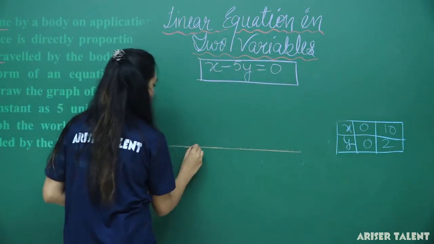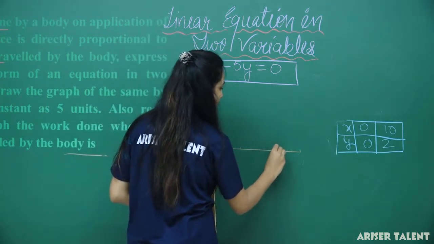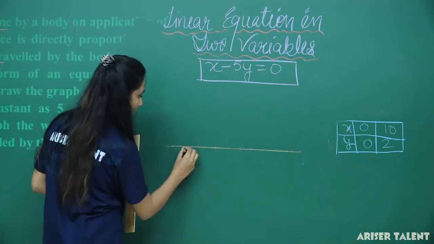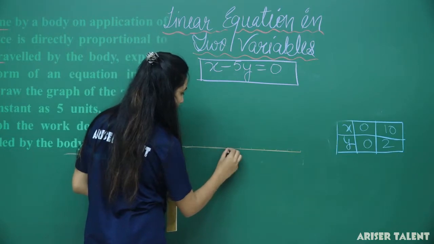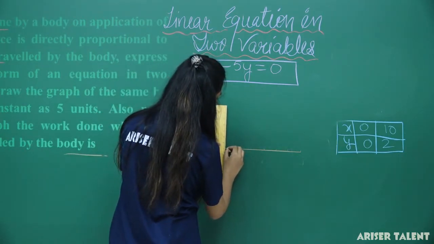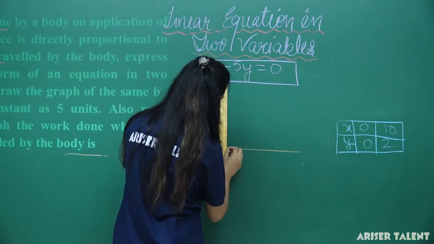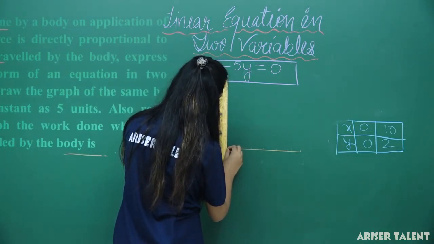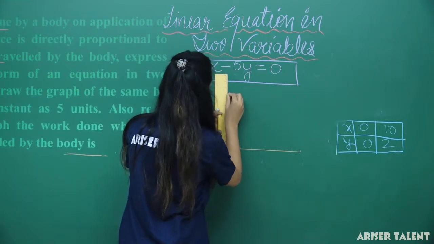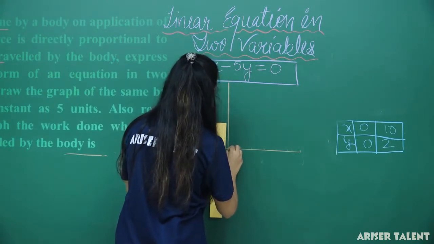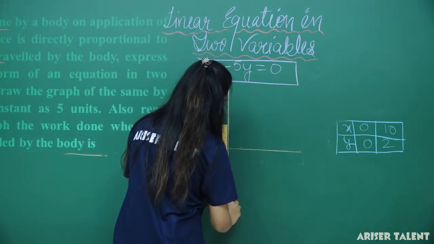Right, so 1, 2, 3, 4, 5, 6, 7, 8, 9, 10, 11, 12. I am checking 1, 2, 3, 4, 5, 6 here, okay, and that will be a perpendicular. So this will be the y-axis, right.